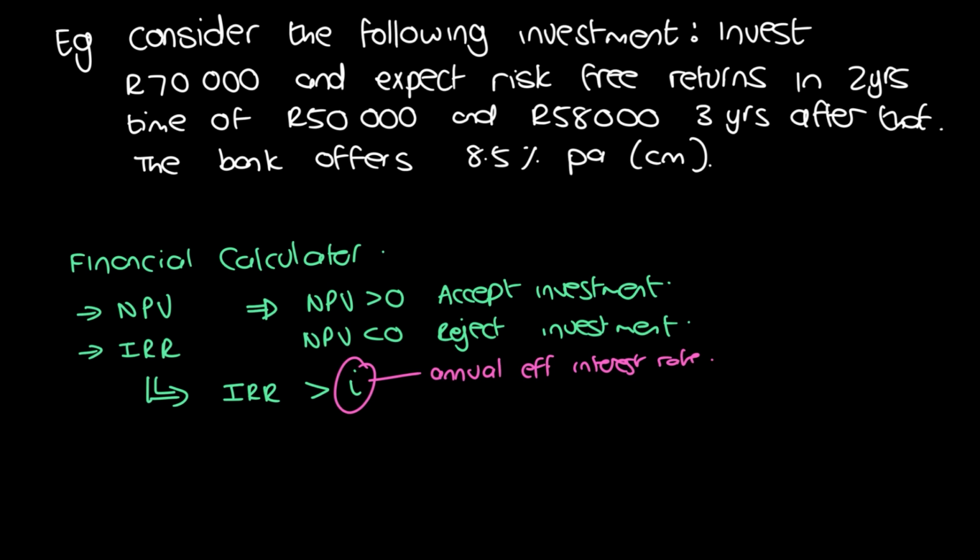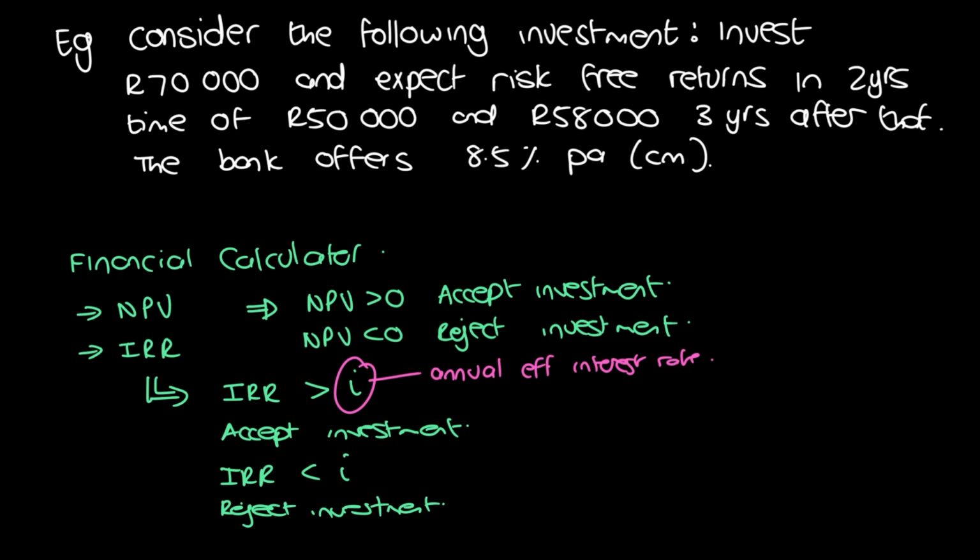If the IRR is greater than the bank's interest rate, we accept the project, because that's telling us that we will get more money from the investment than we would from the bank, because the interest rate is higher. And if the IRR is less than i, we reject the investment.